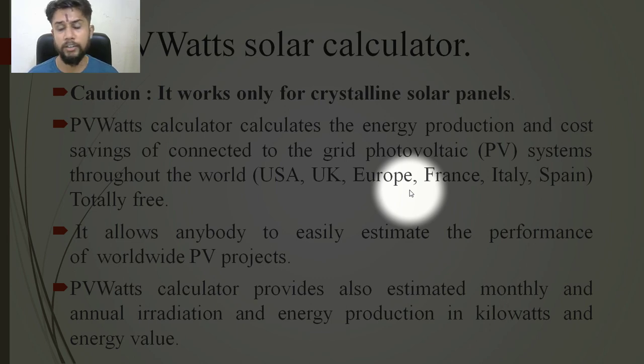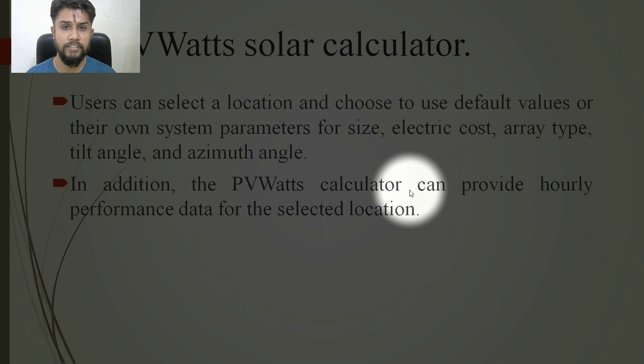PVWatts calculator calculates the energy production and cost saving of connected PV systems throughout the world. It is totally free. It allows anybody to easily estimate the performance of the worldwide PV projects. PVWatts calculator also provides estimated monthly and annual irradiance and energy production in kilowatts and energy value.